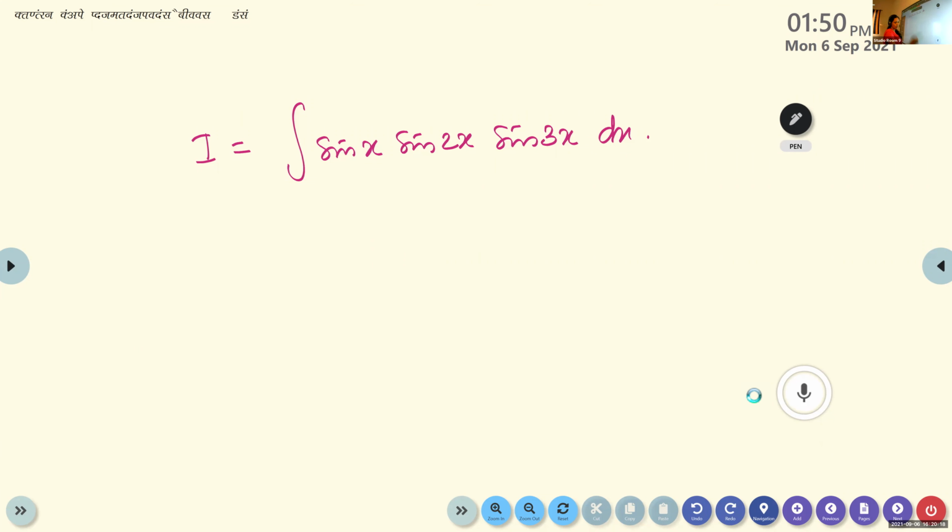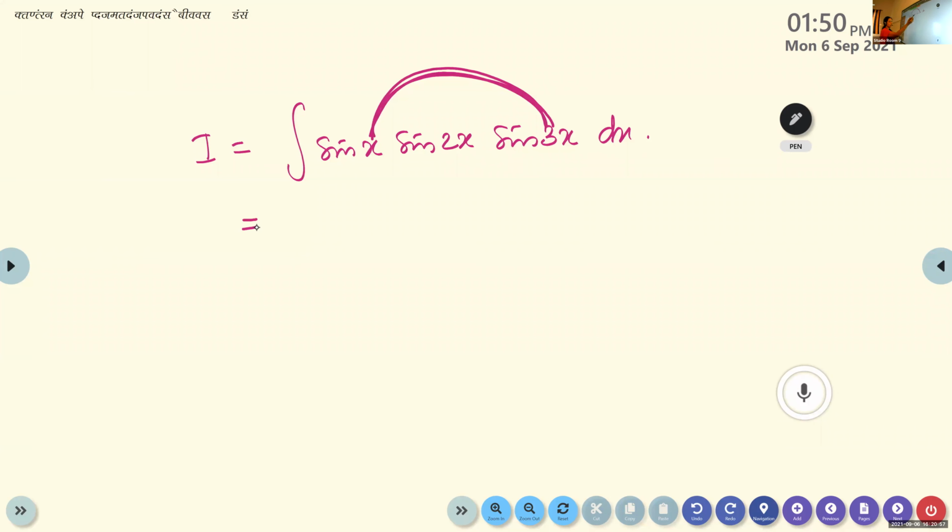Likewise here, when you subtract 3x minus x, we'll get 2x. So we can group these terms together. Without regrouping also we can do it.